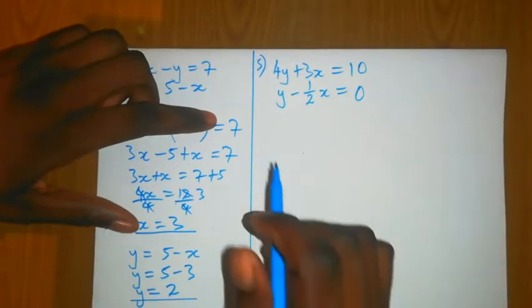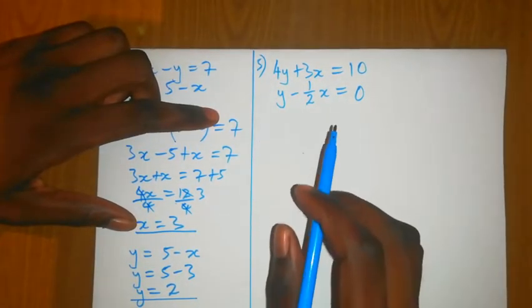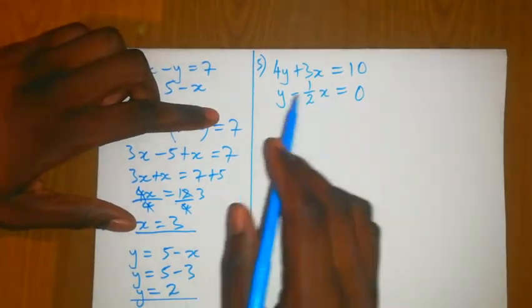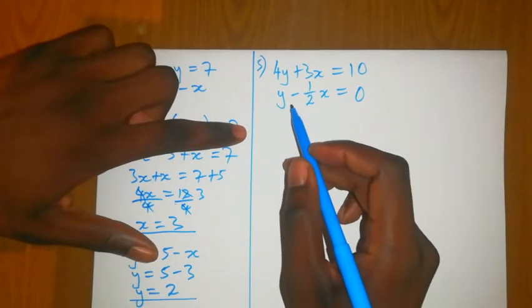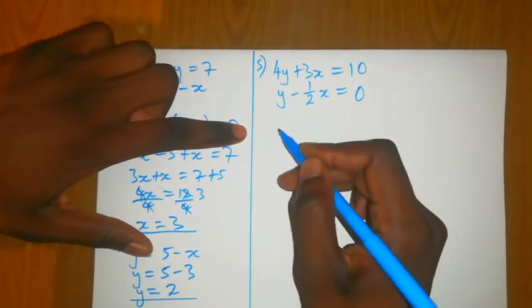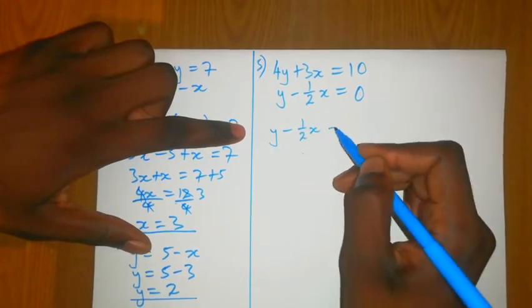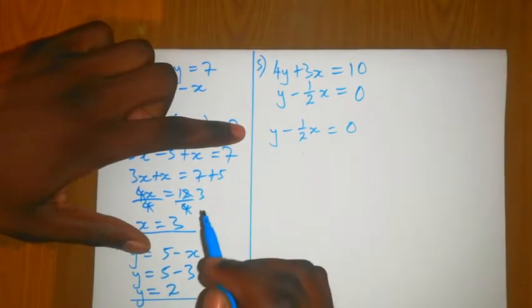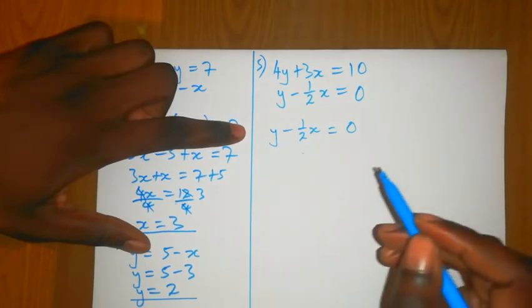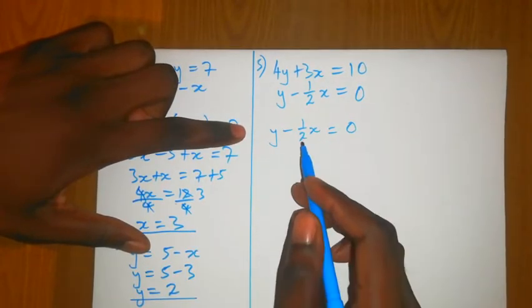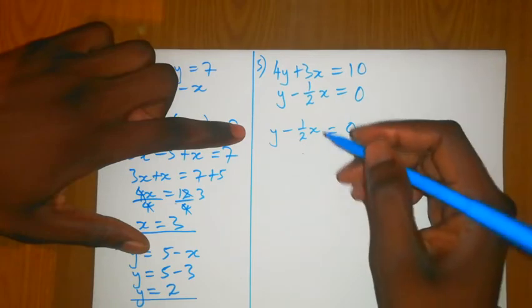Once you come across an equation that is in the form of a fraction, first clear off that fraction. So in this case, I want to clear off that fraction. I'm going to come here and say y minus half x is equal to 0. So if I'm clearing that fraction, I'm going to multiply every term by 2, which is my denominator.